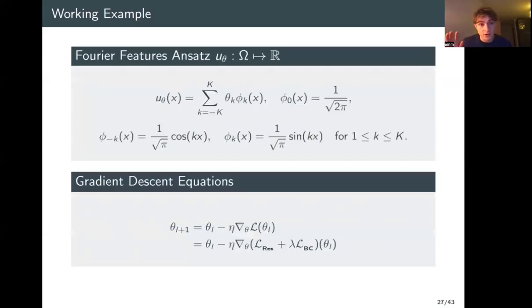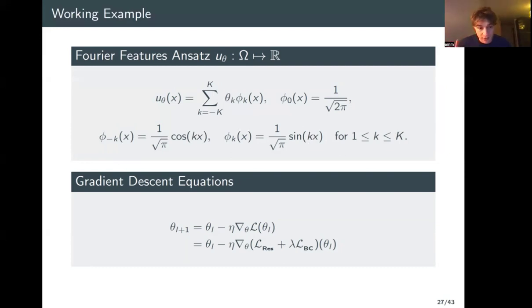And let's consider a Fourier features ansatz. So here, we're going to have an ansatz that looks a lot like the Fourier series, where we're going to be learning the parameters, and our phi k's are going to be sines and cosines with the given frequency between 1 and big K here.